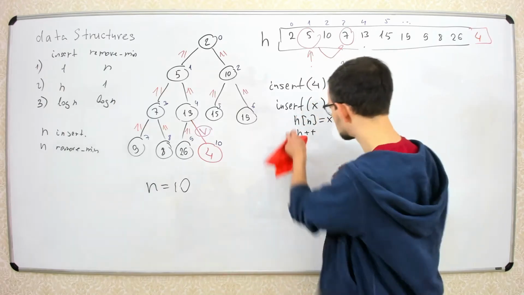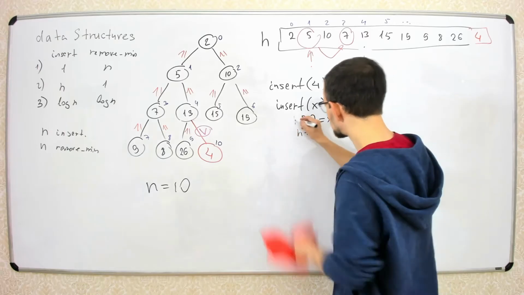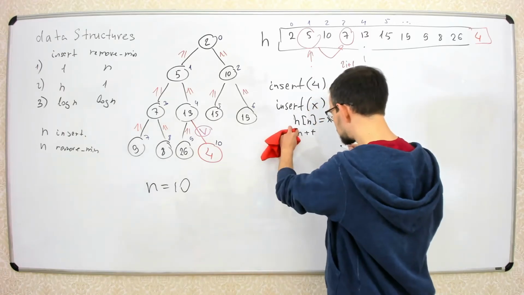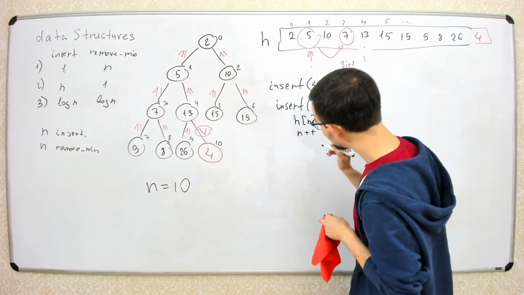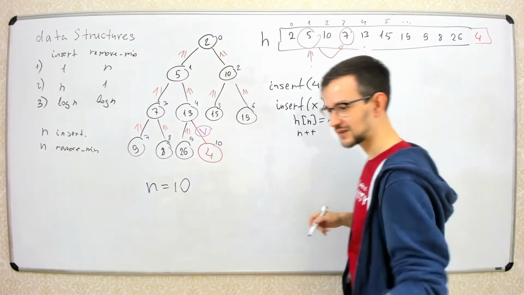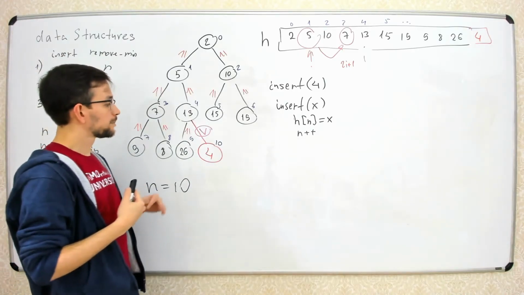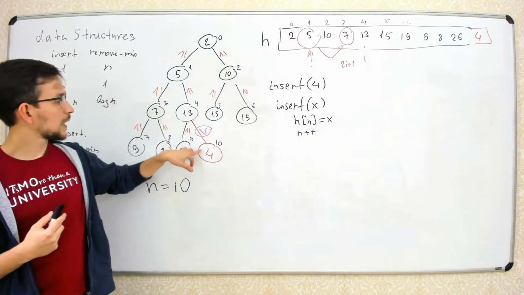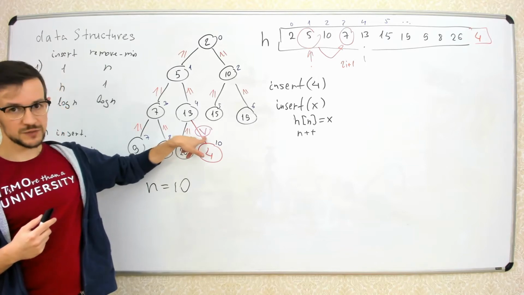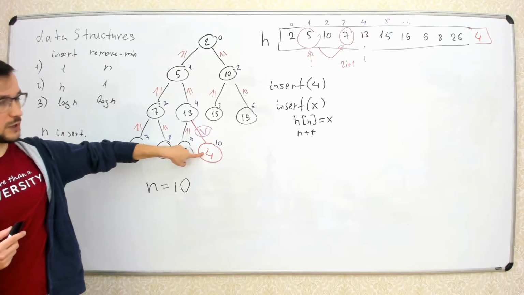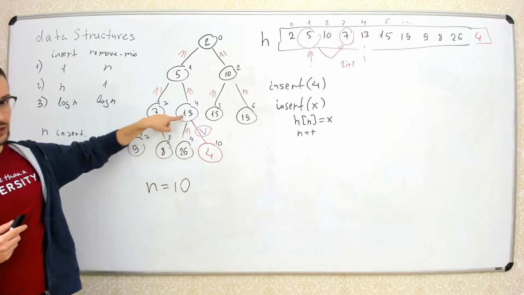This is n, this is h. Now we put this element here, and now we need to fix this broken property, because for these two elements we have the lower element less than its parent.